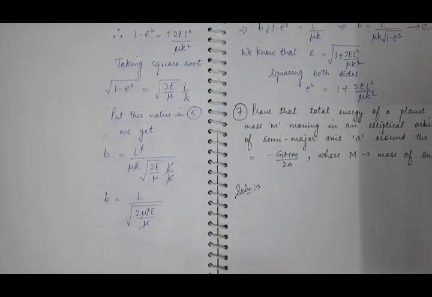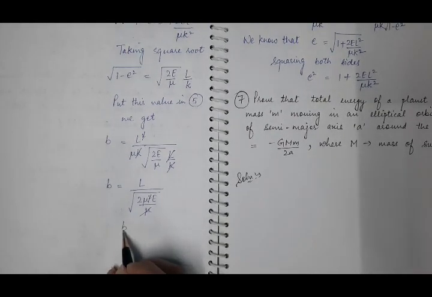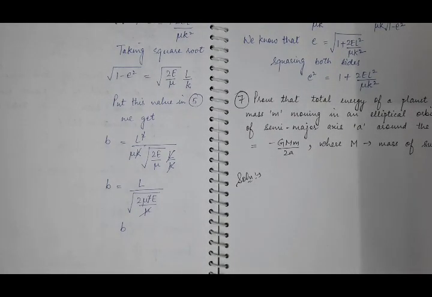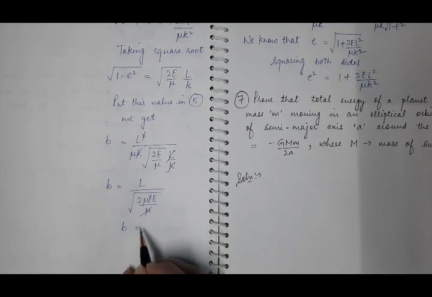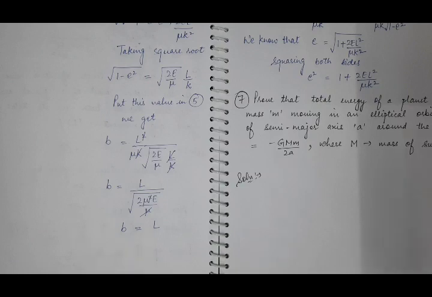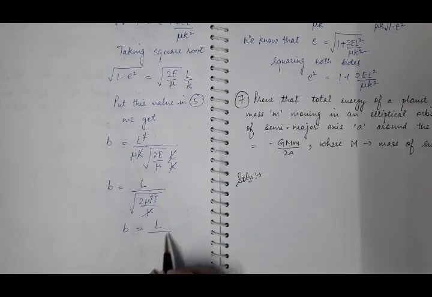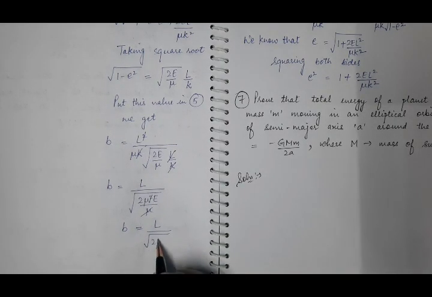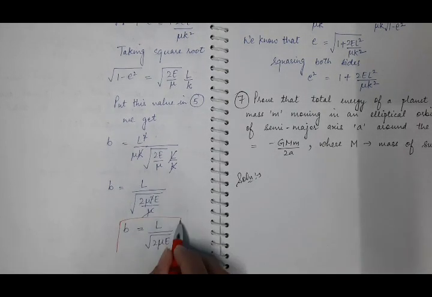So we have the length of semi-minor axis of our planet, which is revolving in an elliptical orbit around the sun. It depends upon angular momentum of the planet as well as on the energy of the planet, that is E. So hence proved.